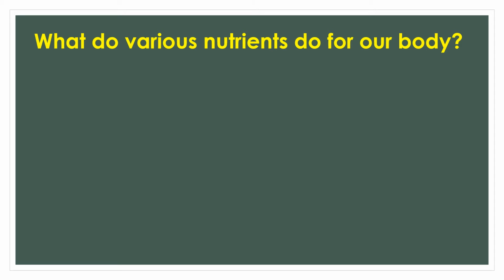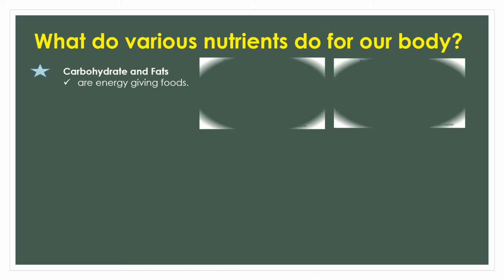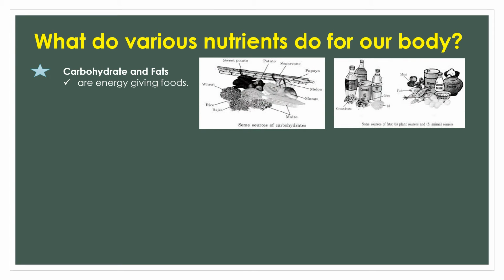Now, what do various nutrients do for our body? We take the various nutrients in our food, but what do these nutrients do for our body? Number one, carbohydrates and fats. They are energy giving foods, and some sources of energy giving foods are shown in the figure. These pictures are also in your books, so you can refer to your books also.